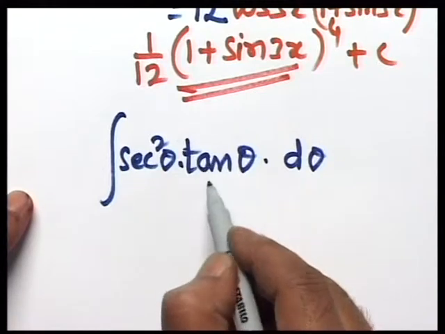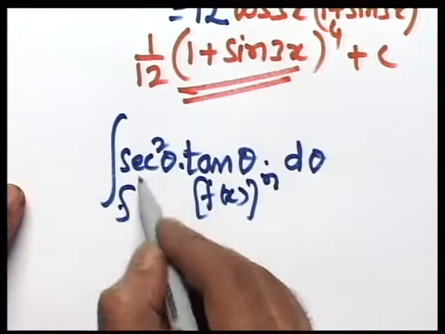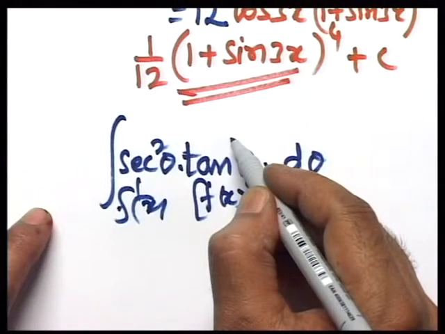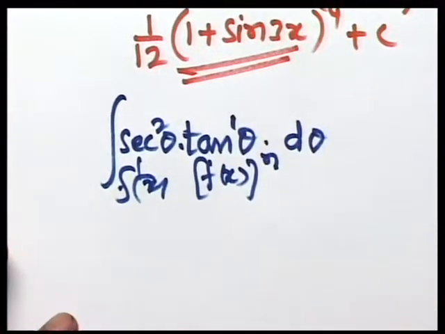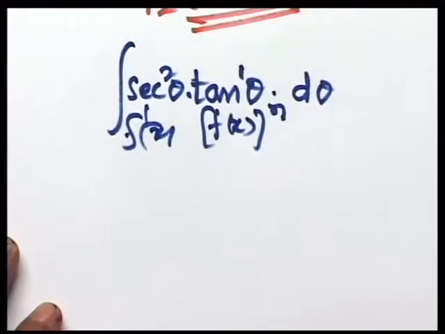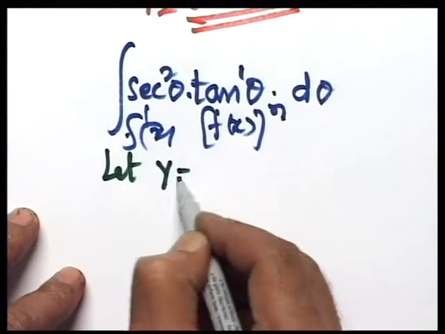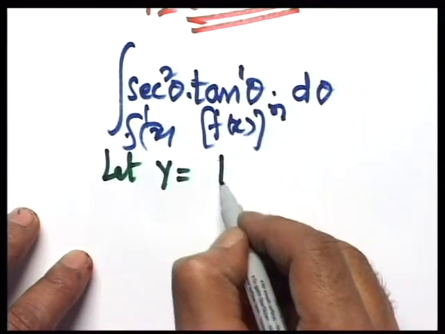So that's a function x to the power n like, and this is f dash x. But it doesn't look like to the power n, but watch out, there is a 1 there, isn't it? Tan to the power 1. So now, how do you guess the answer? How do you start? You say let y equal function x, we increase that power by 1. So let y equal tan squared.